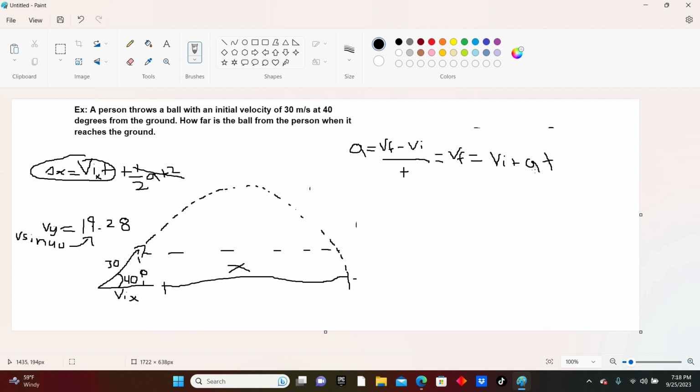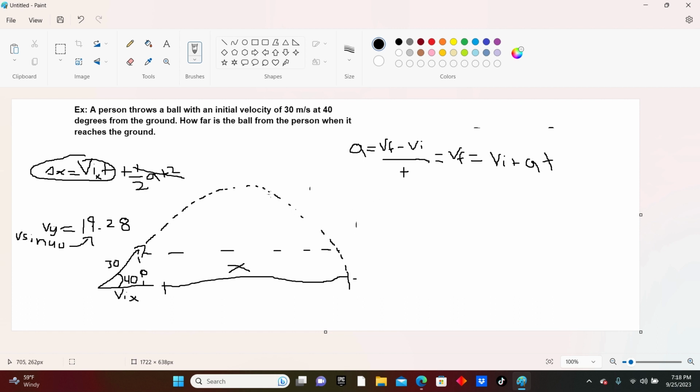So we could have found the time using this equation. We know the vertical acceleration is just negative 9.8, and the initial vertical velocity was 19.28. Since it gets released and lands at the same vertical displacement, the initial and final velocities will have the same magnitude.